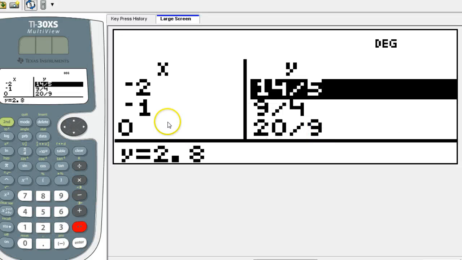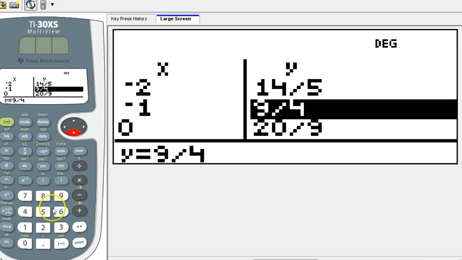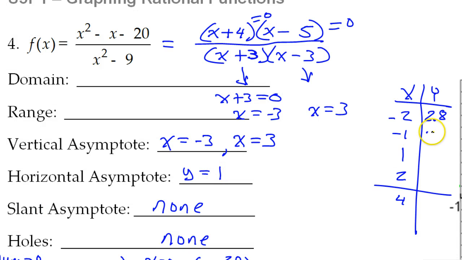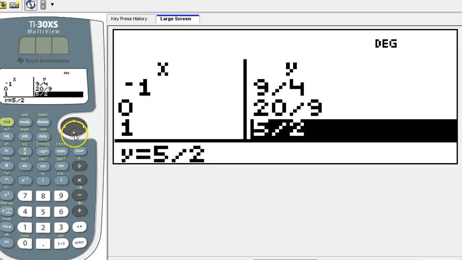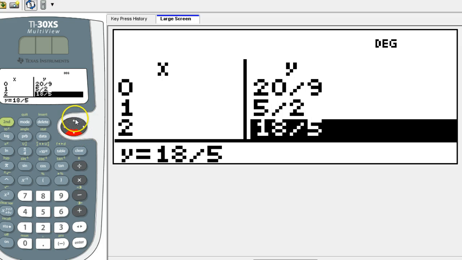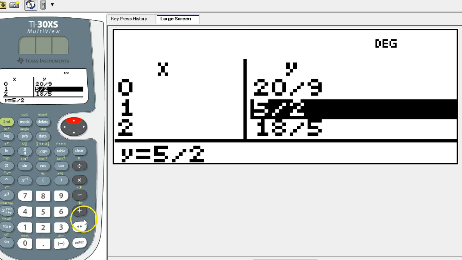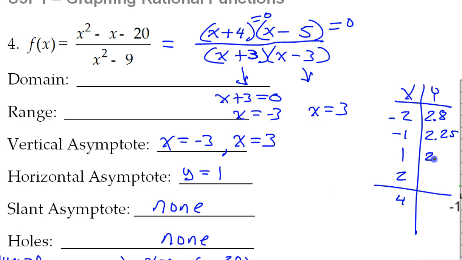How about -1? Well, that's 9/4, which is 2.25. And how about at 1? At 1, we have 5/2, which of course is 2.5. How about at 2?